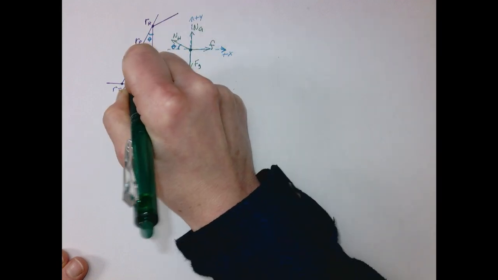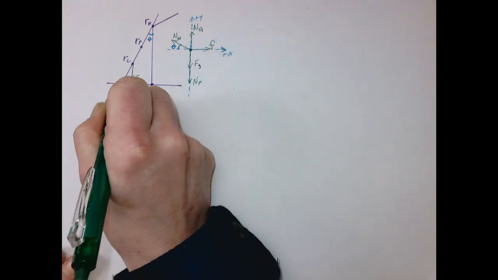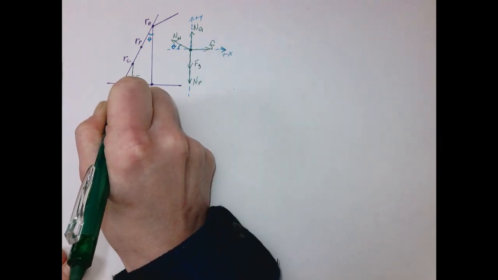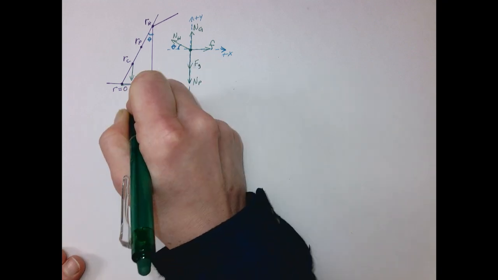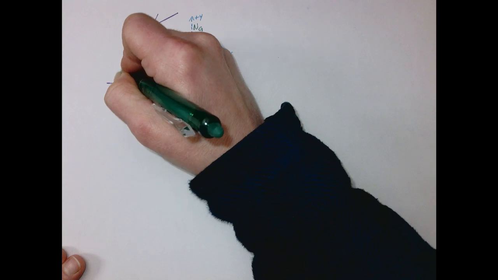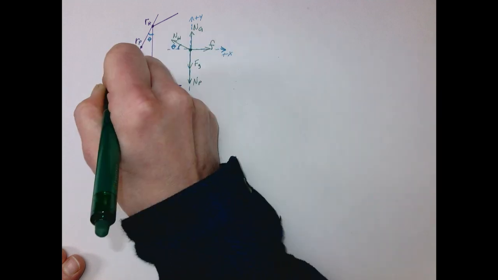So this is the force due to gravity. The friction force acts at the base of the ladder. This is the friction force. The normal force from the ground also acts at the base of the ladder. Normal force of the ground.